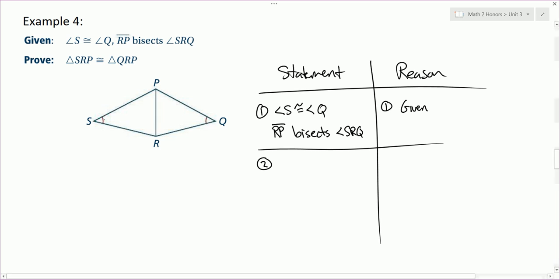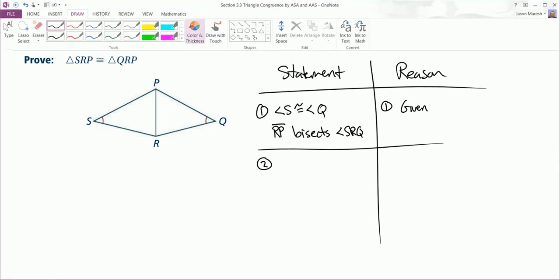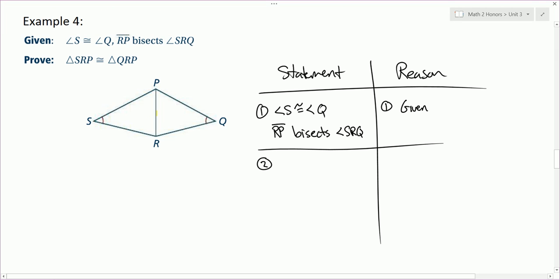So based on the givens, they've drawn in that angle S is congruent to angle Q. But we have the second piece of information that RP bisects angle SRQ. So angle SRQ, if I trace that, start at S, R, Q, so that's that whole angle there. That's cut in half by RP.